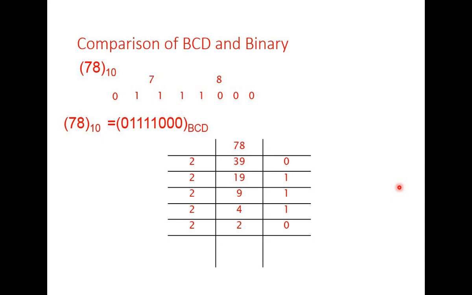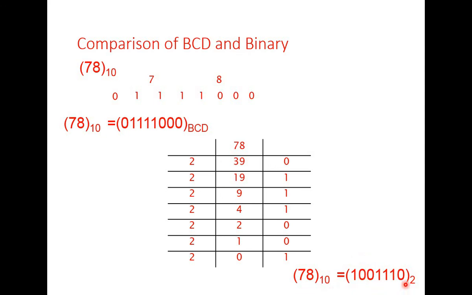Again 2 is divided by 2, we get the quotient 1 and the remainder is 0. And again 1 has to be divided by 2, but 1 is not divisible by 2, so we get the quotient 0 and the remainder is 1. So in this way we convert the 78 to the base 10 into the binary as 1001110 to the base 2. Here we write the result from bottom to top and we get the result for binary.